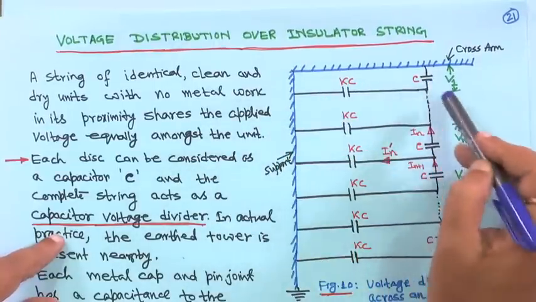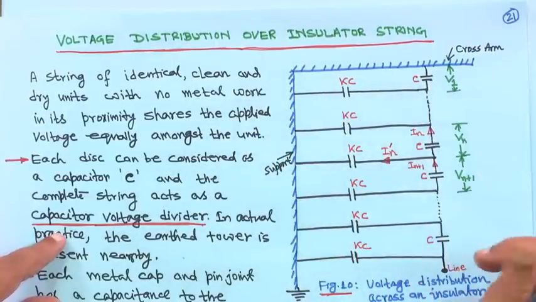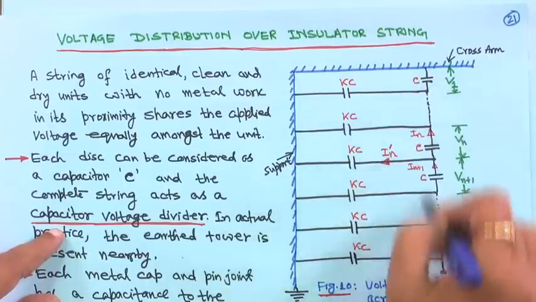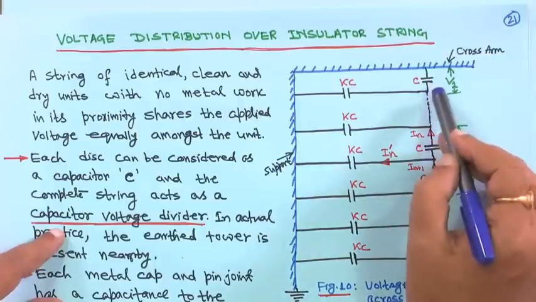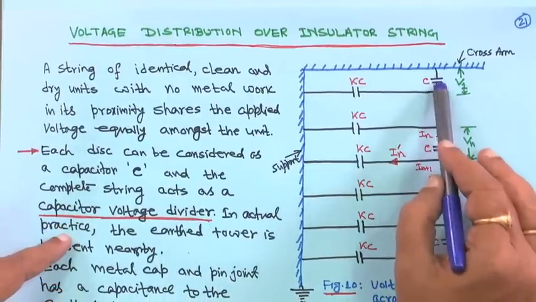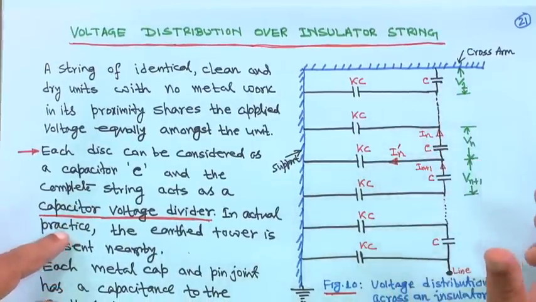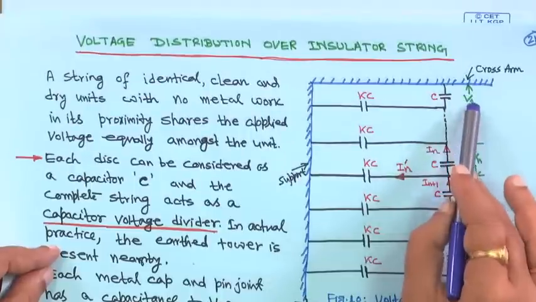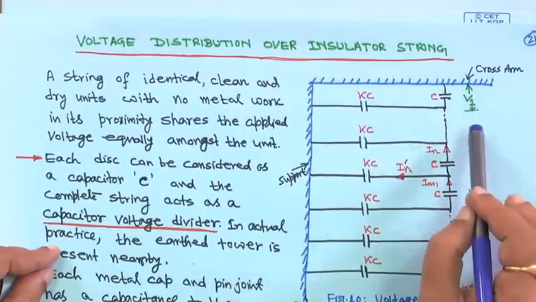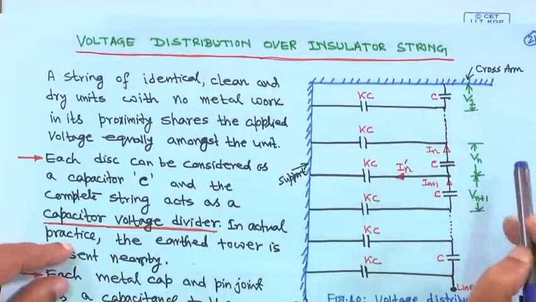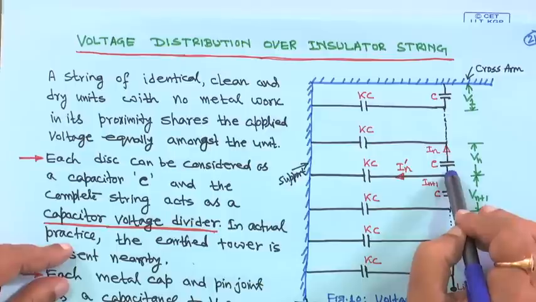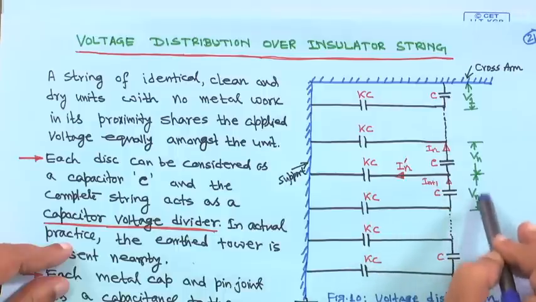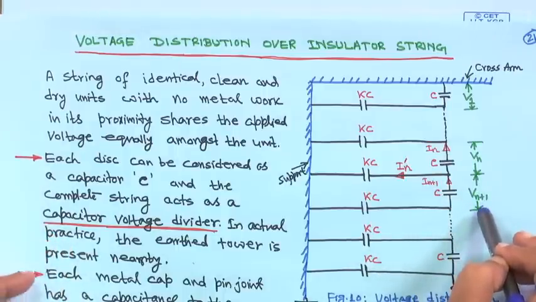Suppose you have n number of pieces in one string, each having equal capacitance, each represented by equal shunt capacitance C. Voltage across the first one is V1, then V2, then V3, and for the nth piece it is Vn, for the n plus 1 piece it is Vn plus 1.